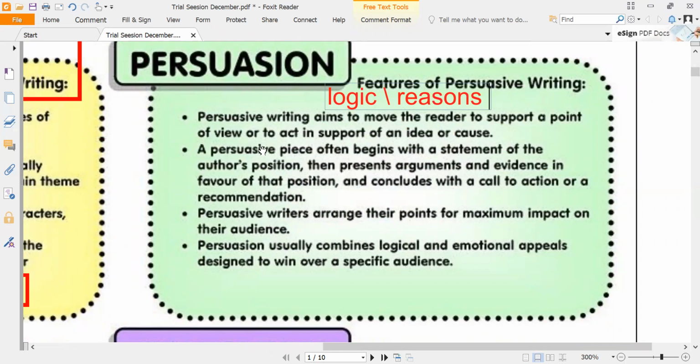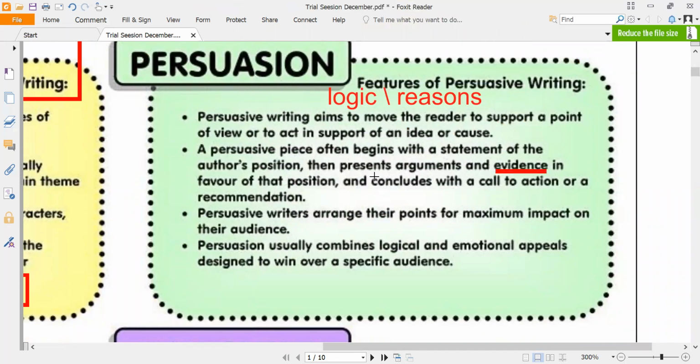Okay? A persuasive piece often begins with a statement of the author's position, then presents arguments and evidence. This is the point, that I should bring what? Evidence. What does evidence mean? It means to prove something. Yes, exactly. It's a proof.